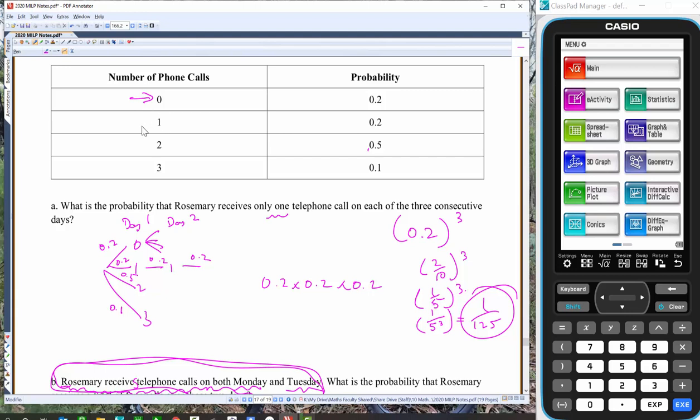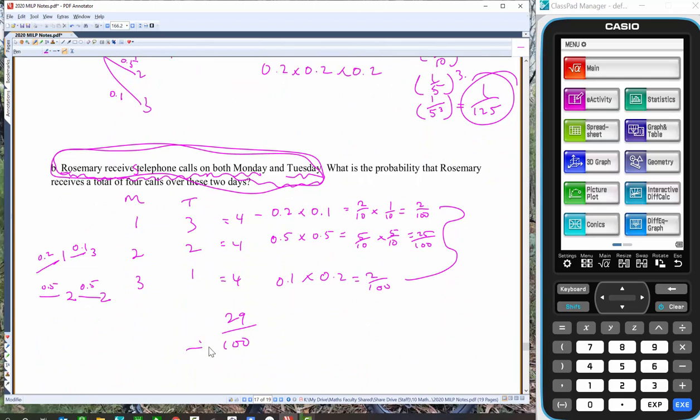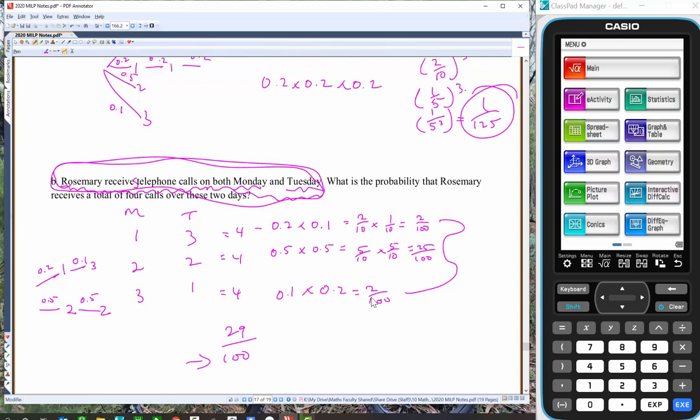So I know for a fact that our sample space is going to reduce. This thing here is actually not out of 100, it's a smaller sample space, because I know that the 0 didn't happen.